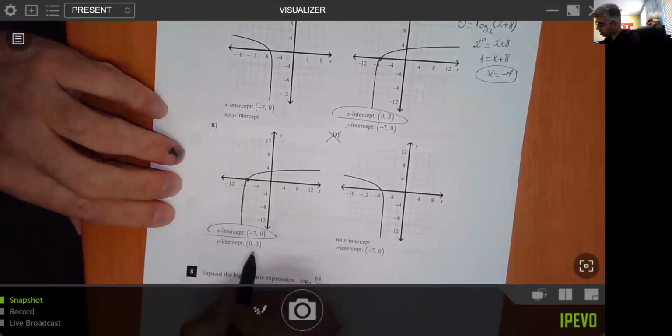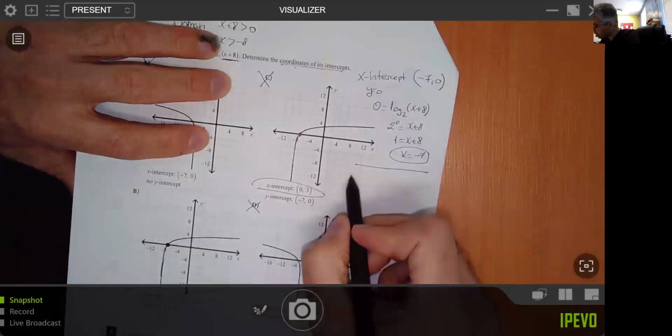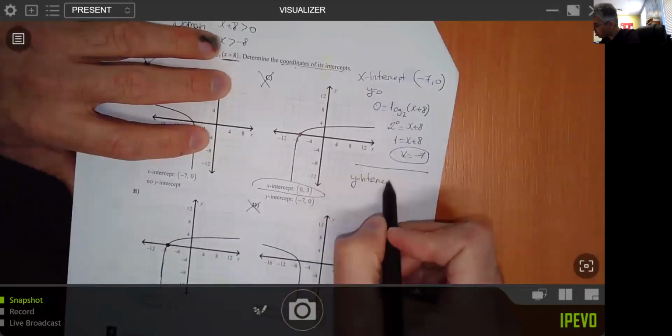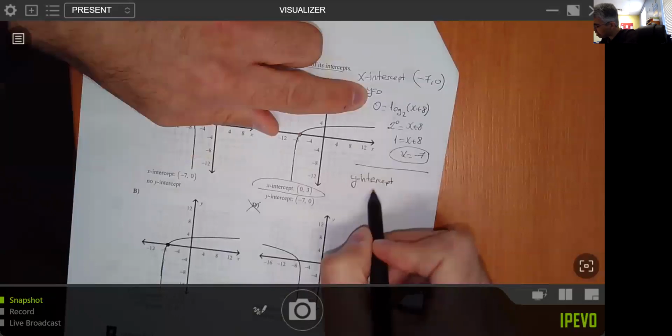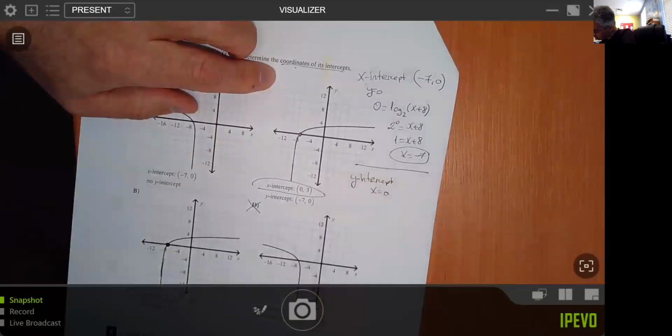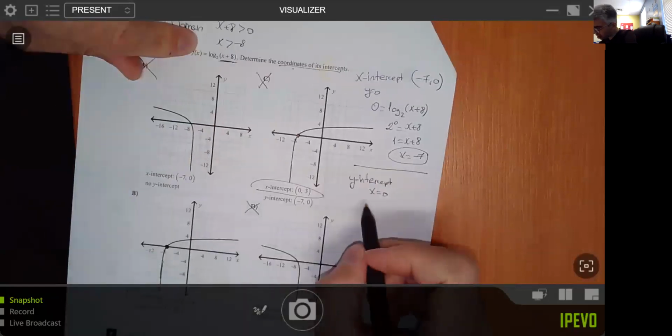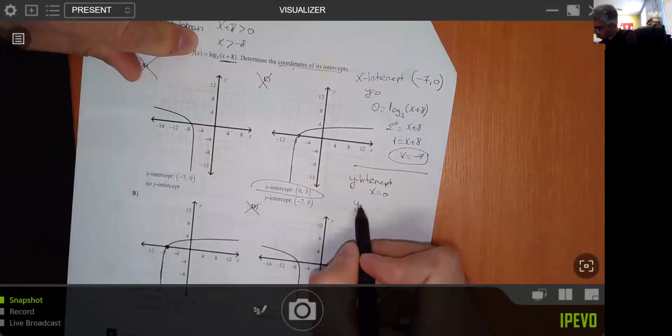How do you find the y-intercept? To find the y-intercept, what do we do? We take the x value as 0, where x is equal to 0. So in my function, I plug the 0 value for x.